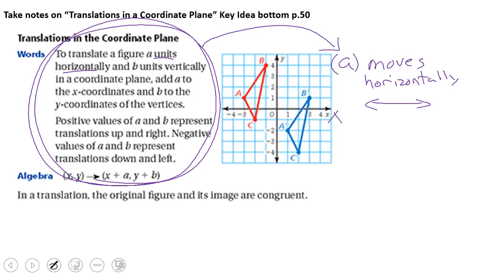The x-axis goes horizontally. If I go to the right on the x-axis, that means I'm adding to my number, and if I go to the left, that means I'm subtracting a number, all from the x-coordinate in my ordered pair. And then it talks about the y, B. It says B moves vertically, and that's going to, of course, be in the y-axis. So B moves vertically.